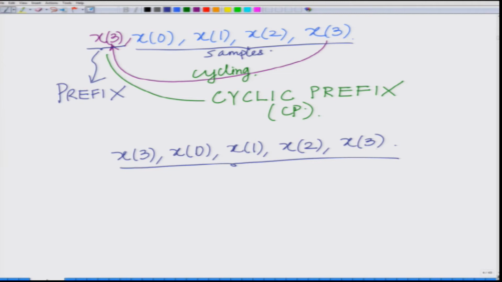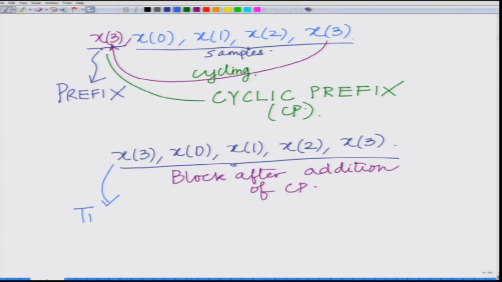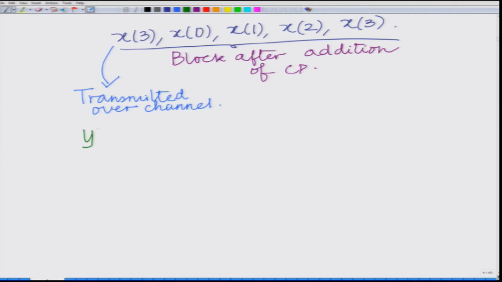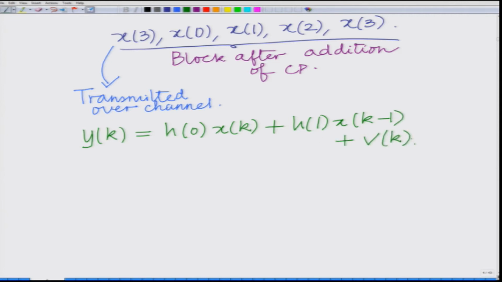So, this is your block after addition of the cyclic prefix, and this is then transmitted over the channel, and remember our channel is basically the intersymbol interference channel, where yk equals h0 times xk plus h1 times xk minus 1 plus vk. This is our channel.